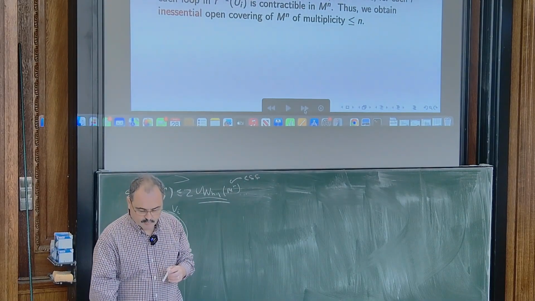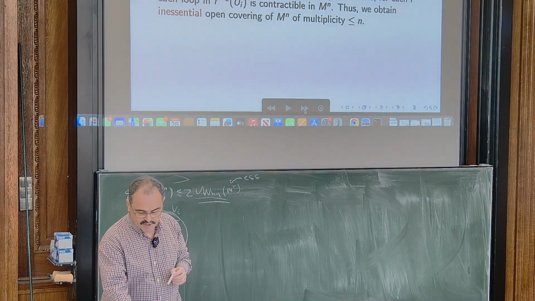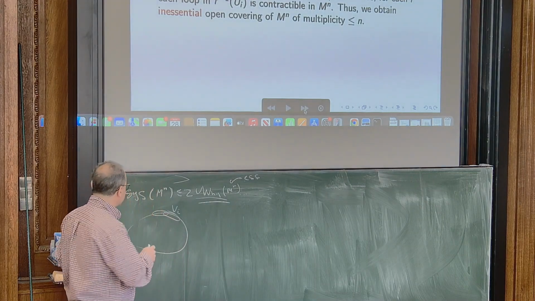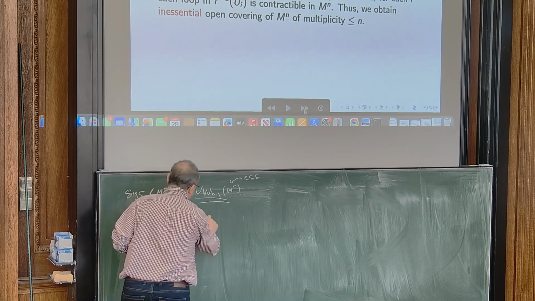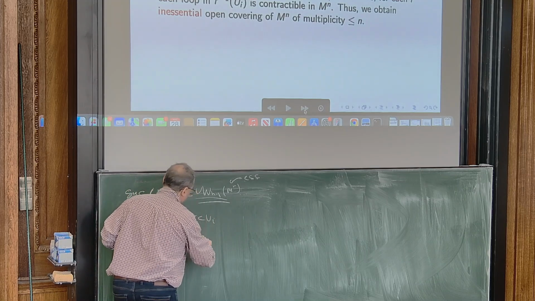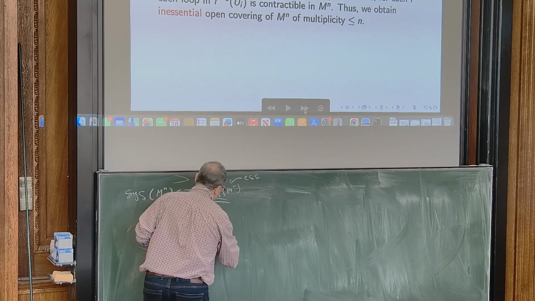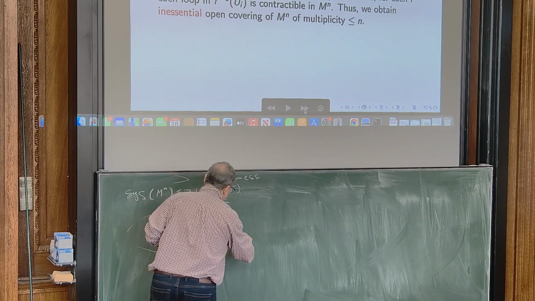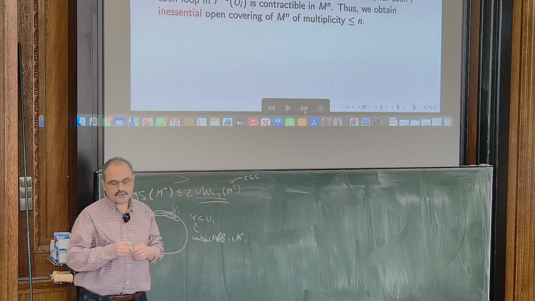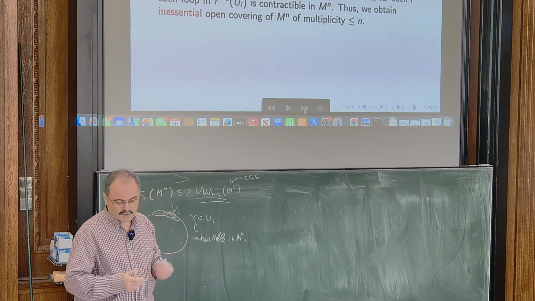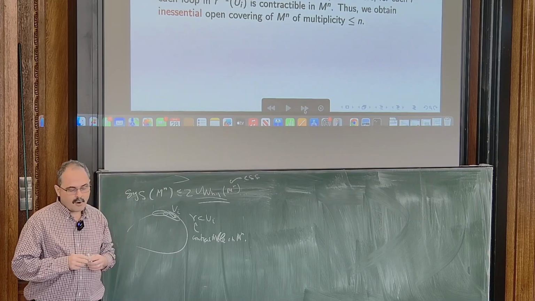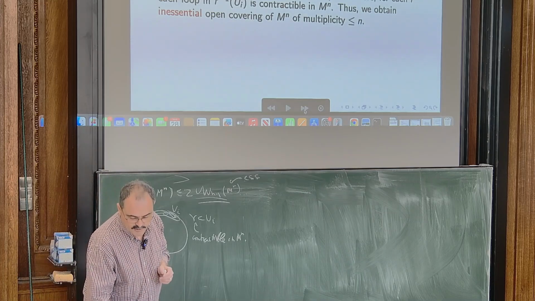Since we are using the definition of systole, we know that each closed curve gamma contained in Vᵢ must be contractible in Mⁿ. Such coverings are called inessential. So we got an inessential open covering of multiplicity less than or equal to n.